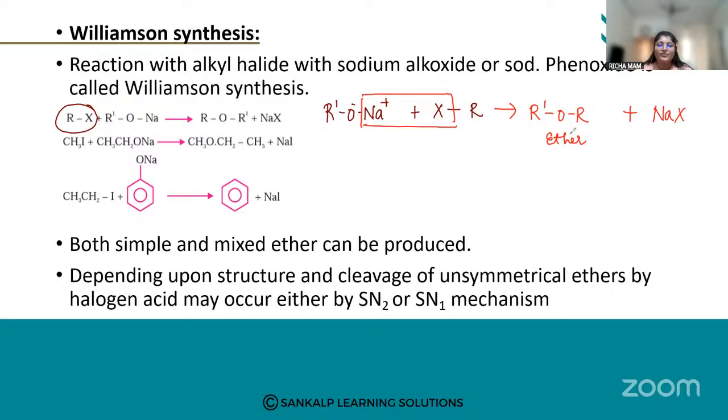So a reaction of alkyl halide with sodium alkoxide or sodium phenoxide is called Williamson's ether synthesis. This is our sodium alkoxide, and this is our alkyl halide. When the alkyl halide reacts with sodium alkoxide, I am going to get an ether and NaX, sodium halide.